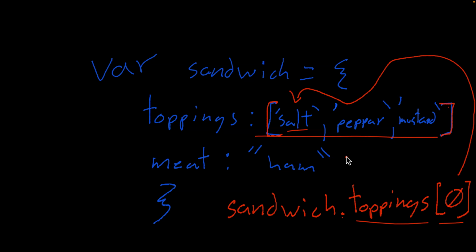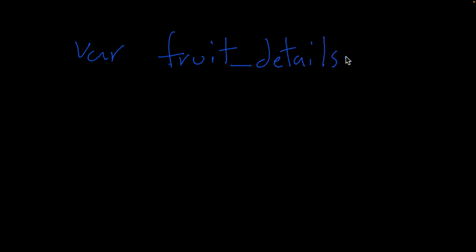What if we had an array of objects? So we'll say something like this. Var fruit details, we have an array.